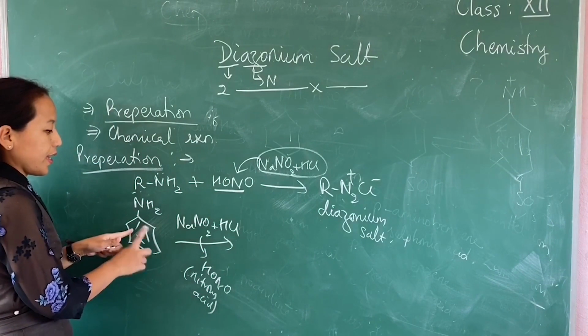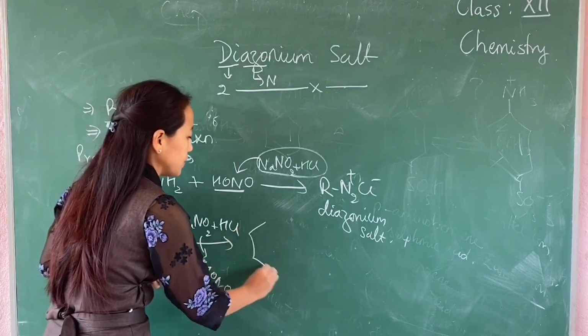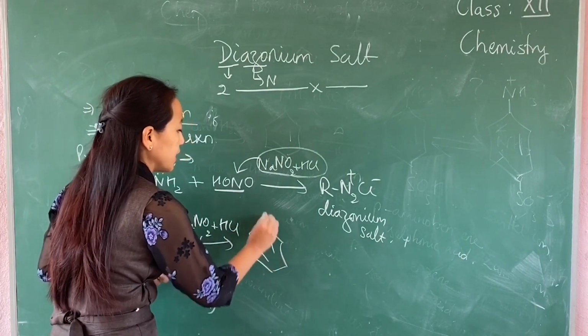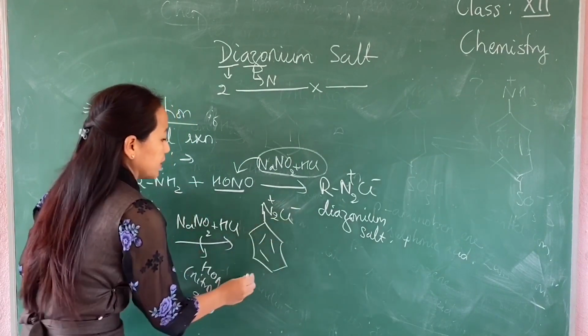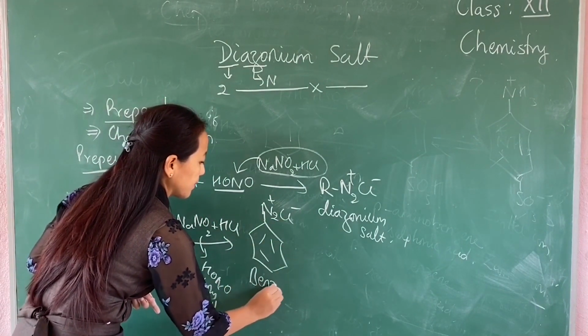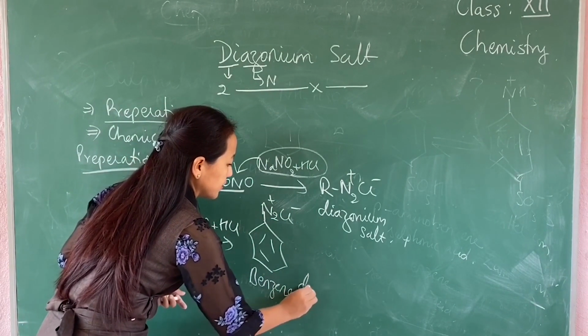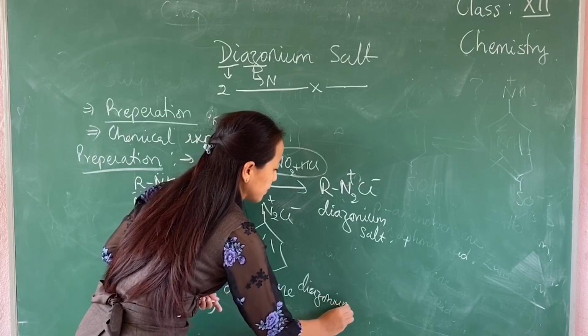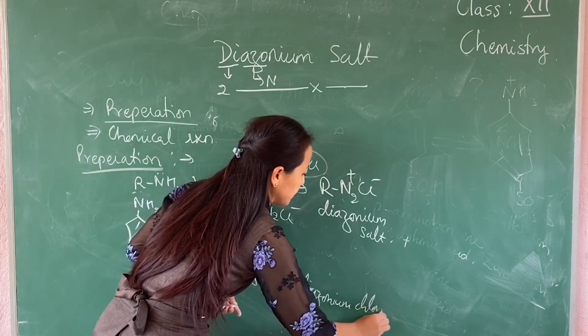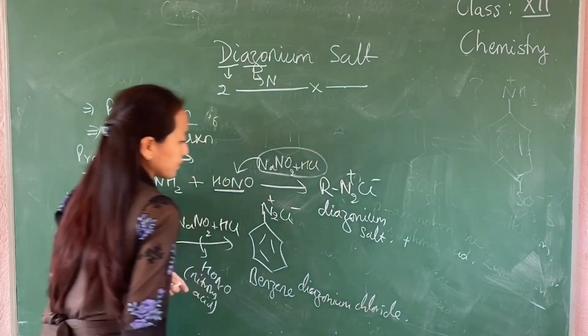And when this reacts with nitrous acid, it forms benzene diazonium chloride, N2Cl. Benzene diazonium chloride.